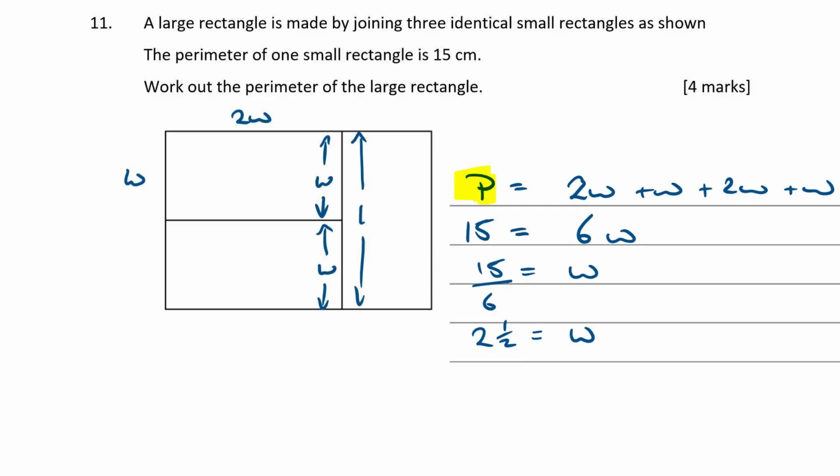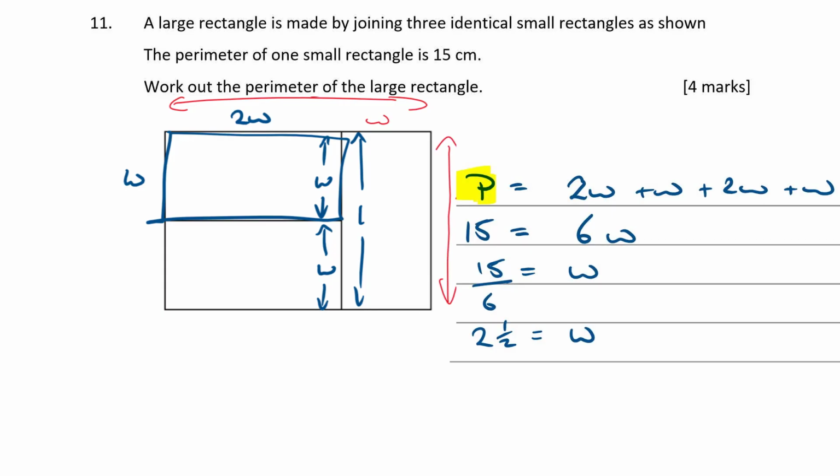Now, the question actually wants us to work out the perimeter of the large rectangle. So if we come back to our diagram then our large rectangle is going to be, from here to here, 3 W's, isn't it? It's 2W and a W, which is 3 W's. And then down here is 2 W's.